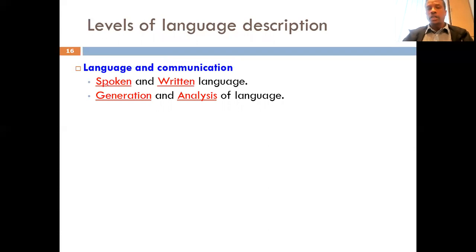Language and communication can happen in a spoken or in a written form. At the same time, language can be handled in a generative form or in an analysis form. Generation means producing a language construct, and analyzing means processing or understanding. For instance, if you have the word bear and are asked to make it plural, what do you do?